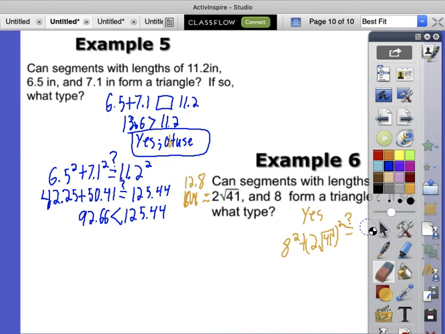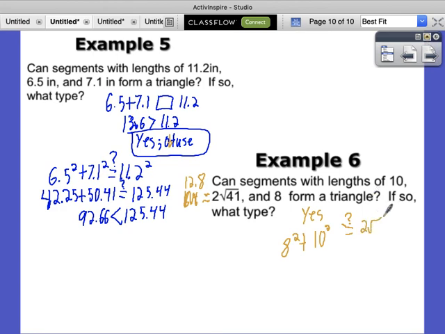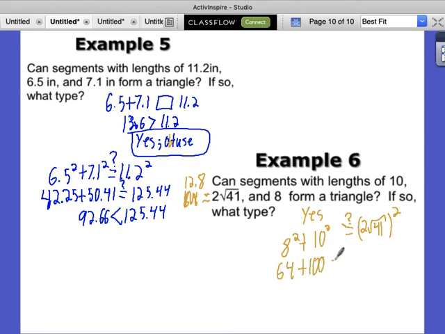Well, actually, so 8 squared plus 10 squared equals 2 times the square root of 41 being squared. Thank you, Sarah, for catching that. Okay. So now we can test this out. 8 squared is 64. 10 squared is 100.